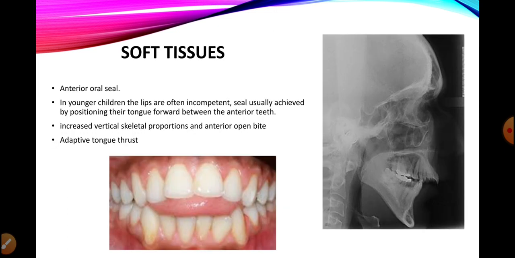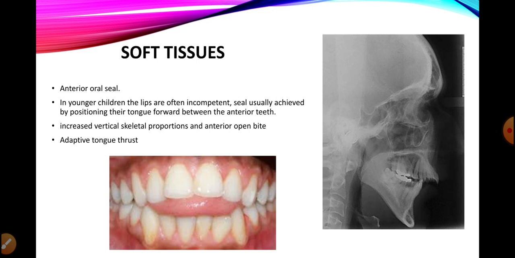Now, the second etiological factor of anterior open bite is the soft tissue factor. So now we'll be talking about the anterior oral seal. In order to be able to swallow, it is necessary to create an anterior oral seal. So in younger patients where the lips are not developed vertically, we call them incompetent.